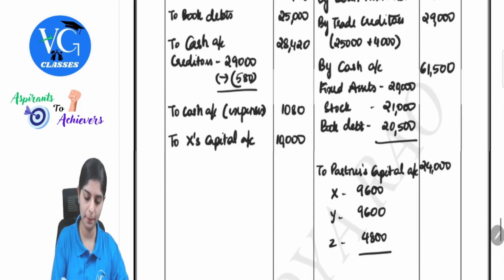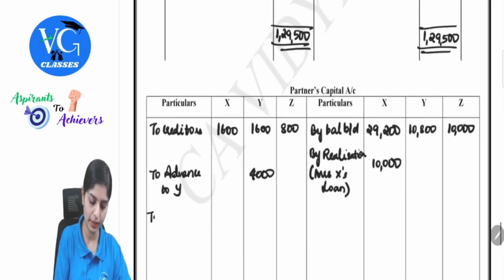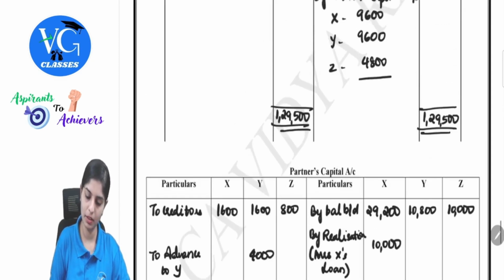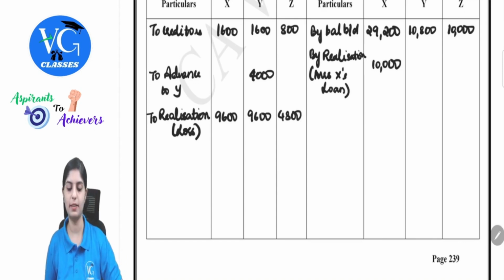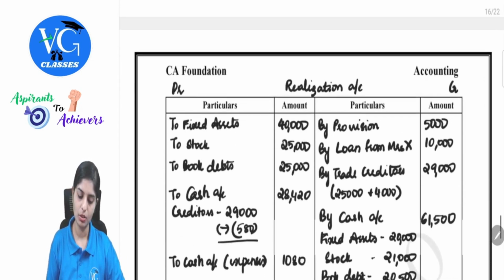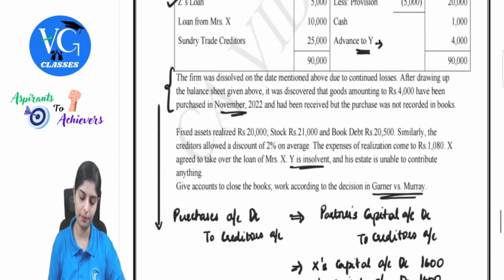Sorry, this will be by partners capital, to realization loss: 9,600, 9,600 and 4,800. So this is all done with respect to the points given.